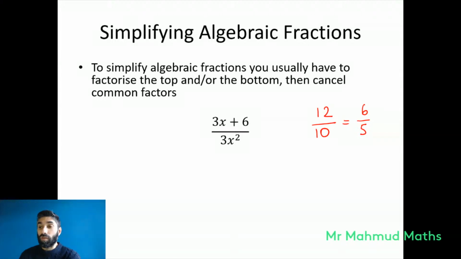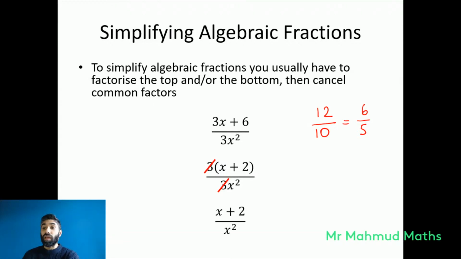Just leave it as it is. So 3 brackets x plus 2 over 3x squared. Now, we can see that the 3 and 3 are common, so we can cancel them out. And that will leave us with x plus 2 over x squared.